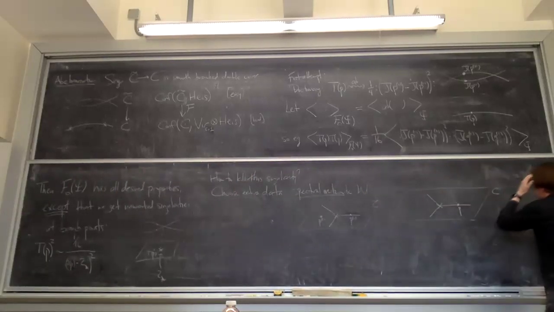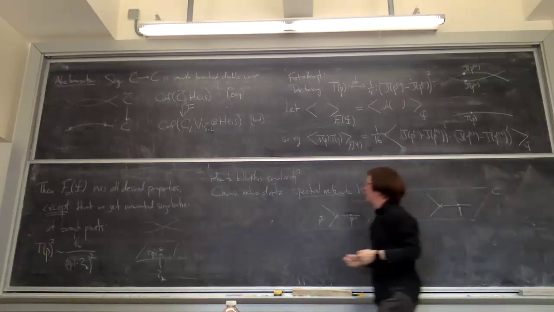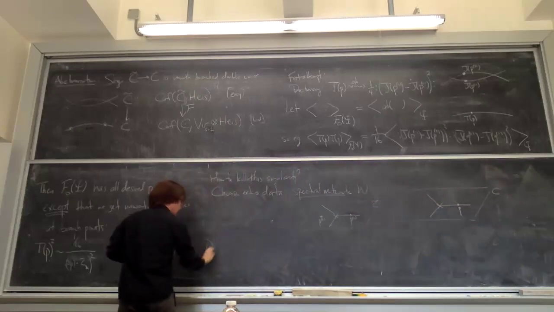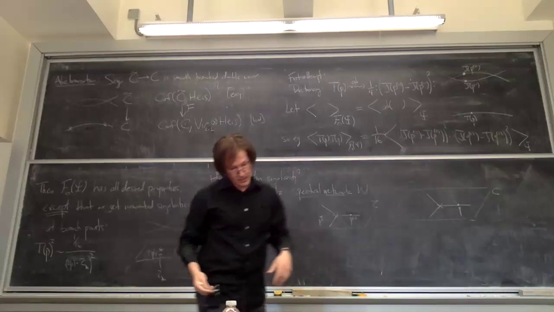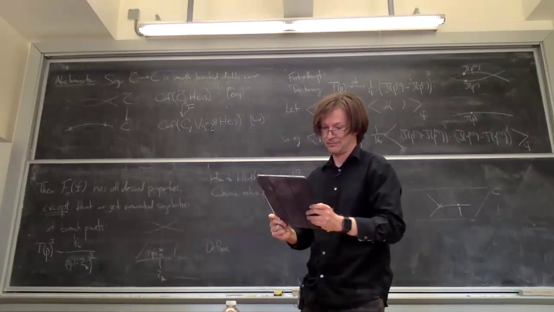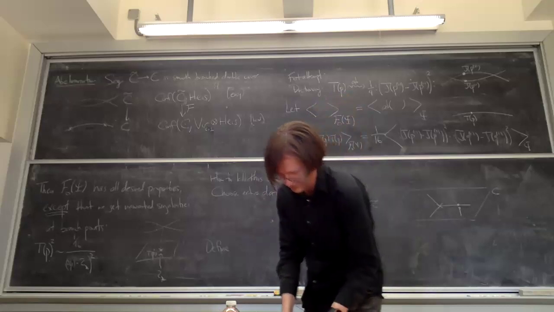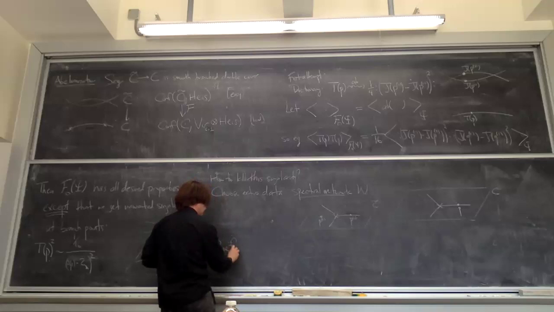Now what we do is we consider the correlation functions with one additional operator inserted. So let's define an operator. We're going to build the operator out of free fermions, so I first have to say a word about free fermions.